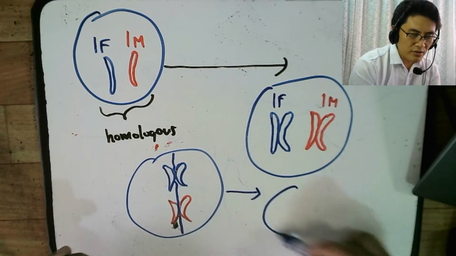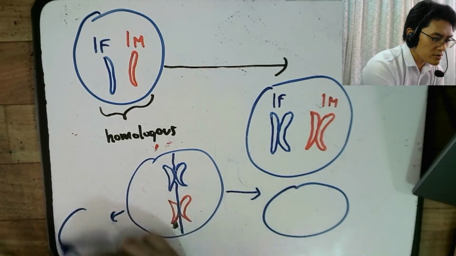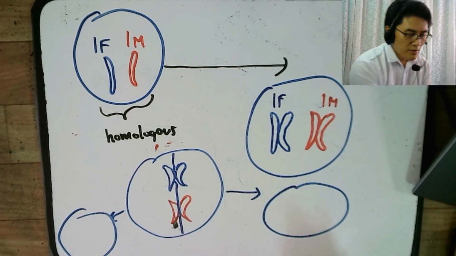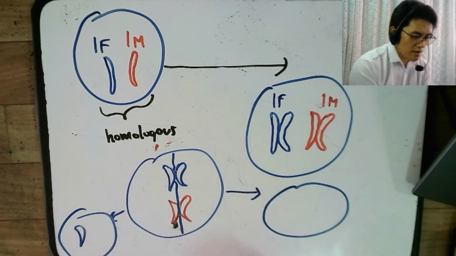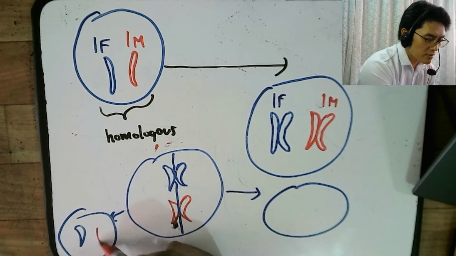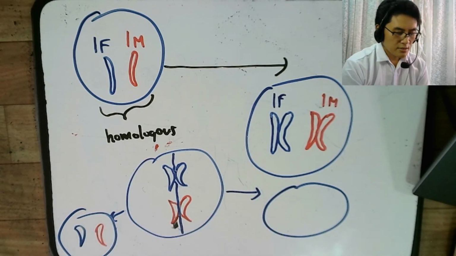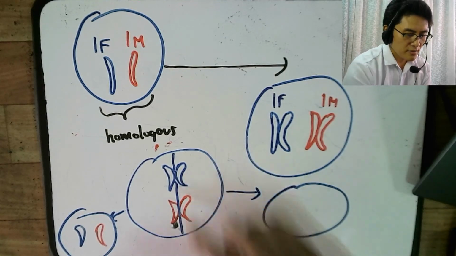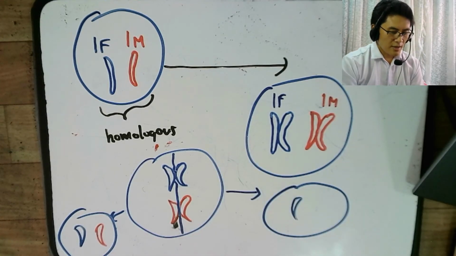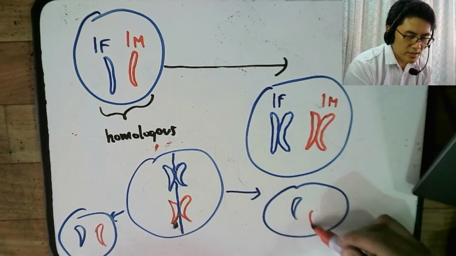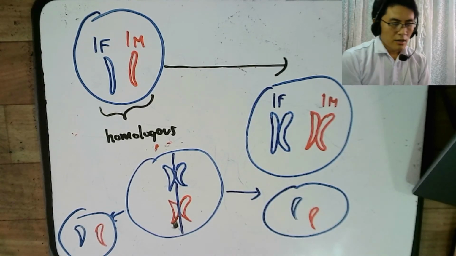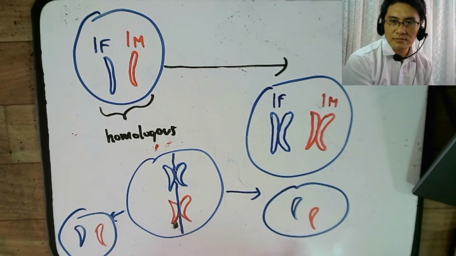So this one goes into this cell, well, the other one goes into that cell, and this blue one goes in there, and this red one goes in there, and then this blue one here goes in this cell, and then this red one goes in this cell. So notice that you have two daughter cells, right?